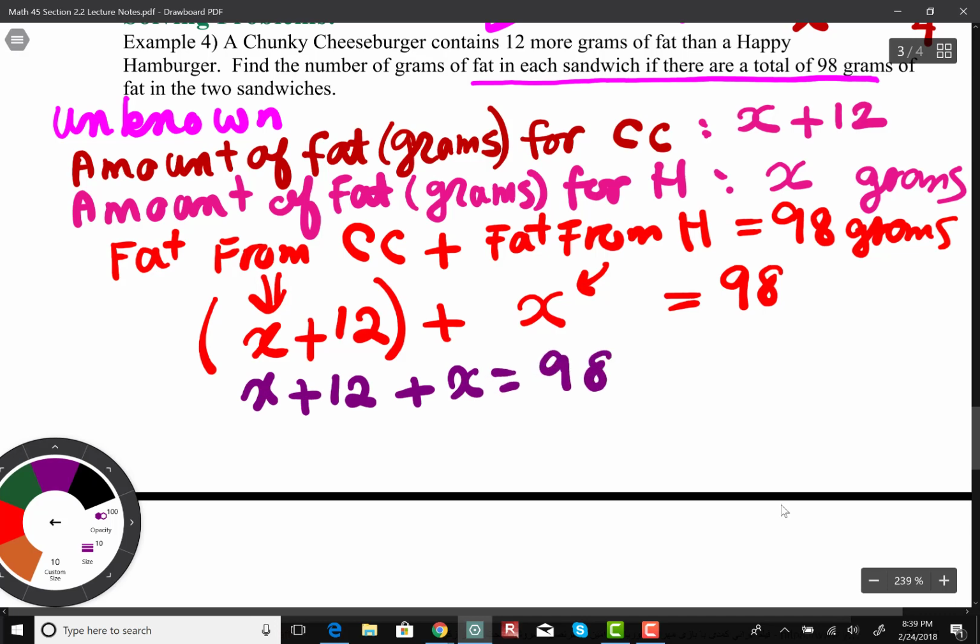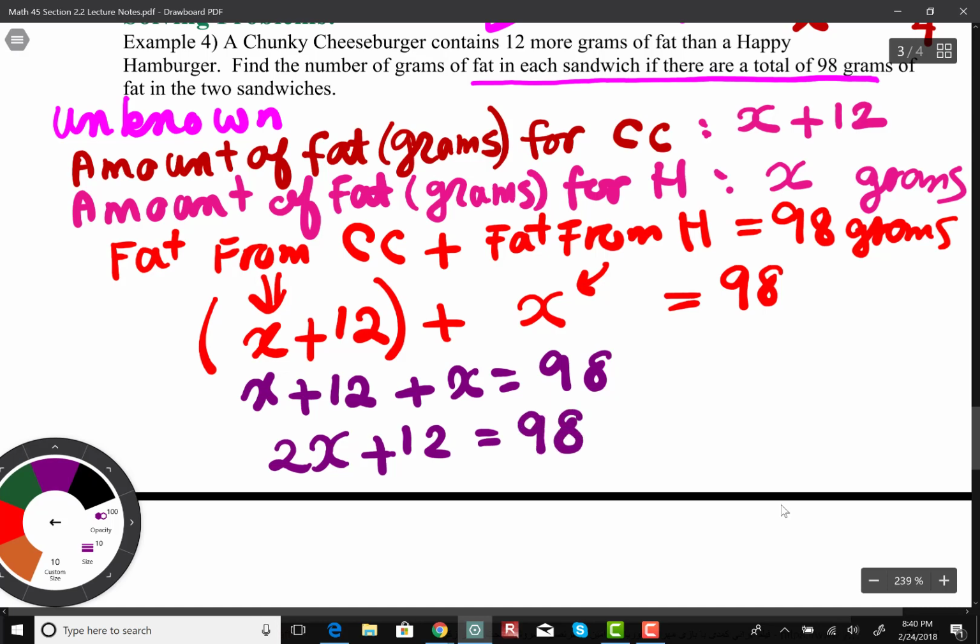So when you remove the parentheses using distributive property, then the next step would be combine like terms on each side. On the left side, we have 1x plus 1x, so that makes it 2x plus 12, because we're going to combine these two x. And then on the right side, we don't need to do anything, it's just 98.